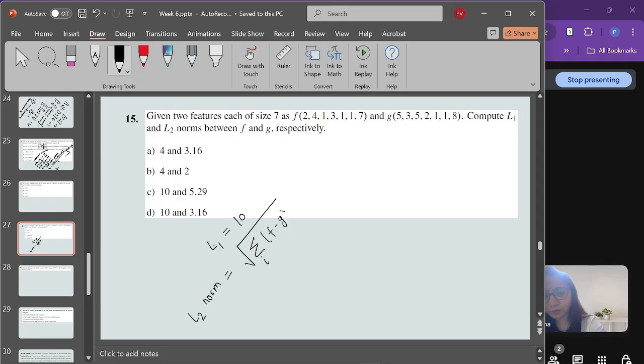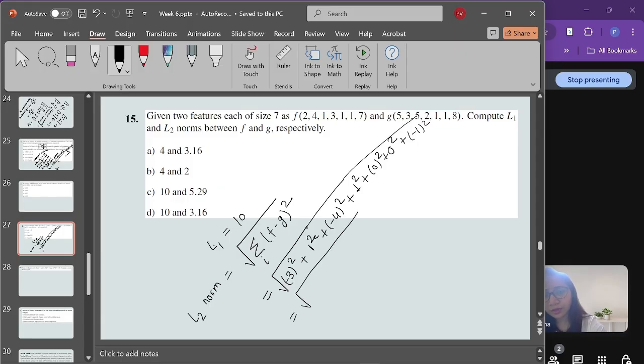So f minus g whole square. We have already calculated the f minus g values in the previous one, L1 norms. So here 2 minus 5 we have got minus 3 square, plus 1 square, plus minus 4 square, plus 1 square, then 0 square and 0 square, plus minus 1 square, right?